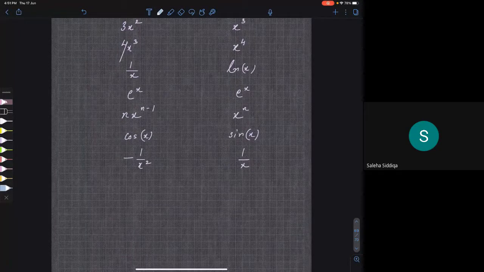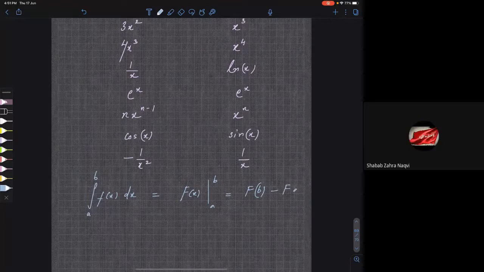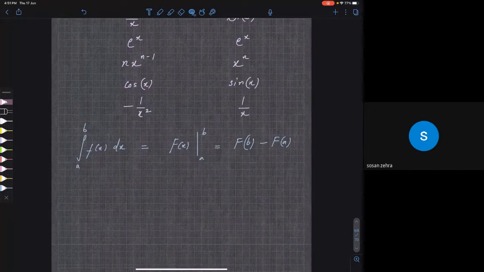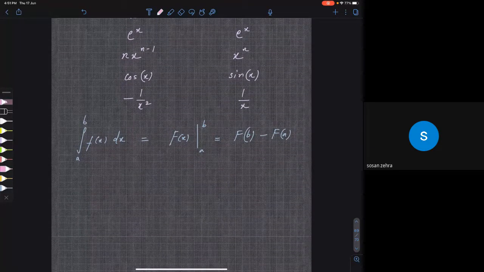The integral of any function from a to b, f of x dx is equal to capital F of x, with limits a to b, where I am writing F of b minus F of a, such that, listen carefully, F dash of x is equal to f of x. Clear?